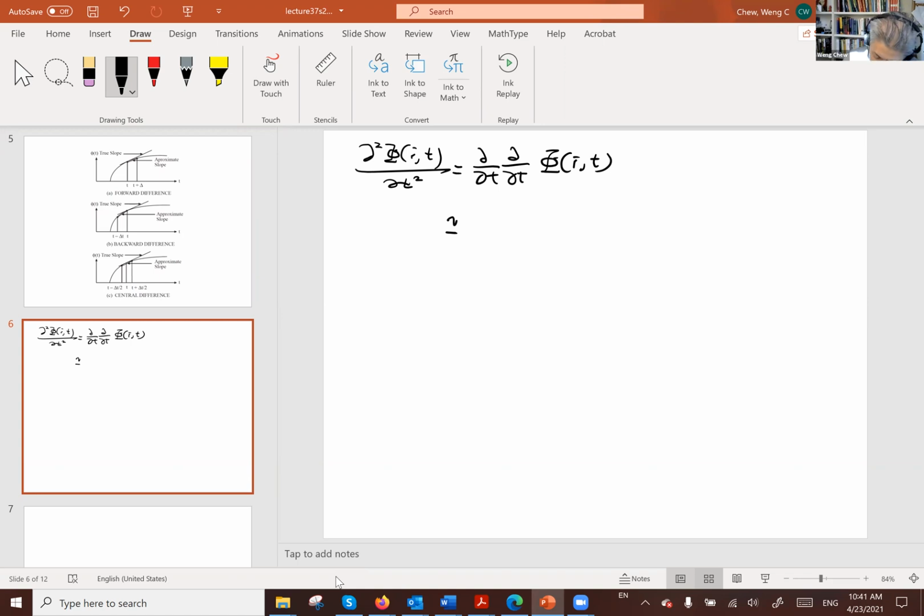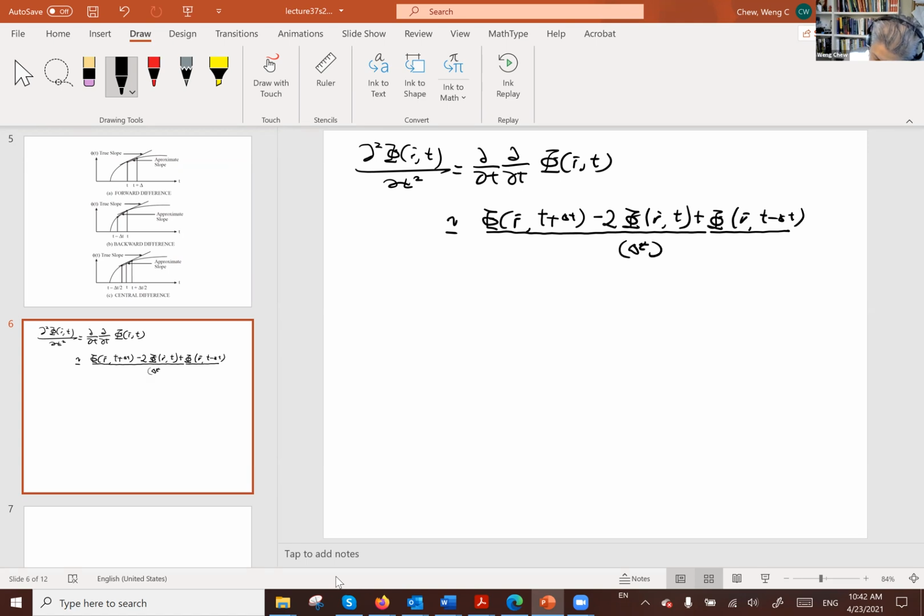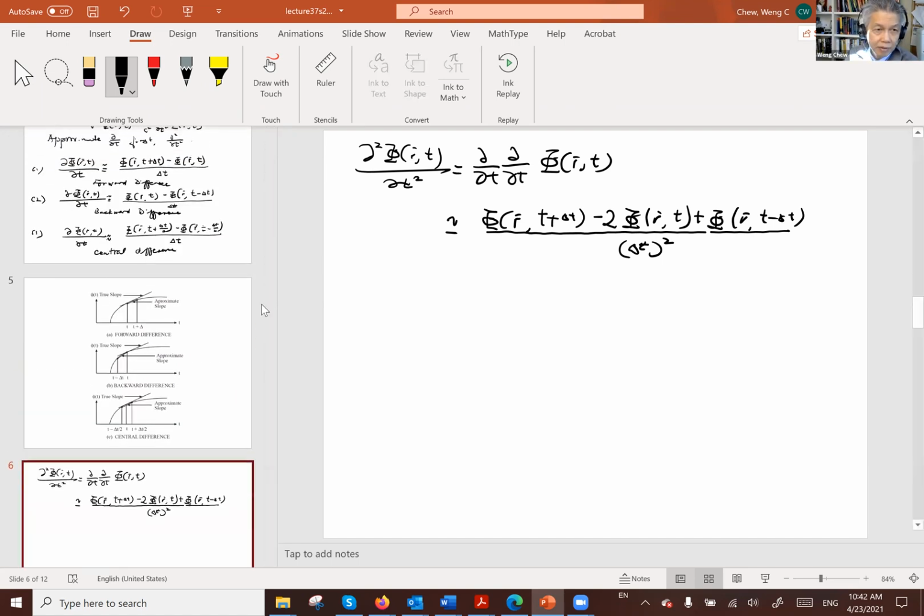What you get then is that you can show that this is phi r t plus delta t minus 2 phi r t plus phi r t minus delta t. Okay, believe me, if you do this two times, you get this formula. It's kind of tedious to go through this formula, and it's quite straightforward too. Just apply the central differencing two times, you get this formula. And if you're not convinced, you can go home and try that out. It's very simple.